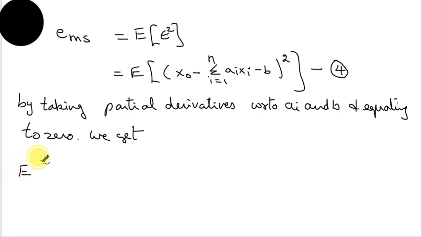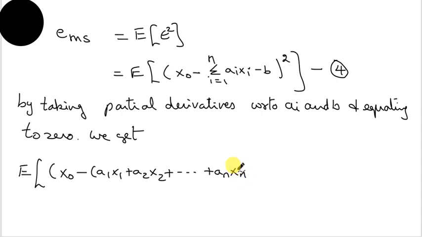E of (x naught minus a1 x1 plus a2 x2 plus etc. plus an xn plus b) into xi equal to 0.